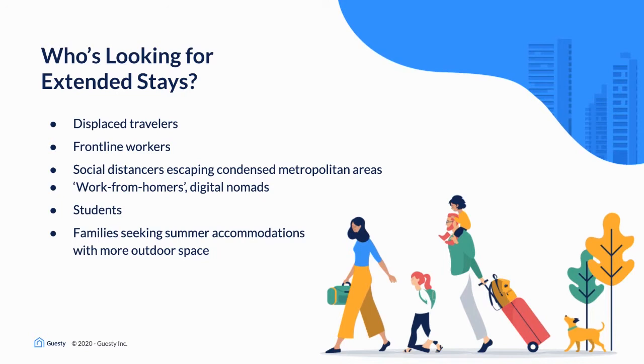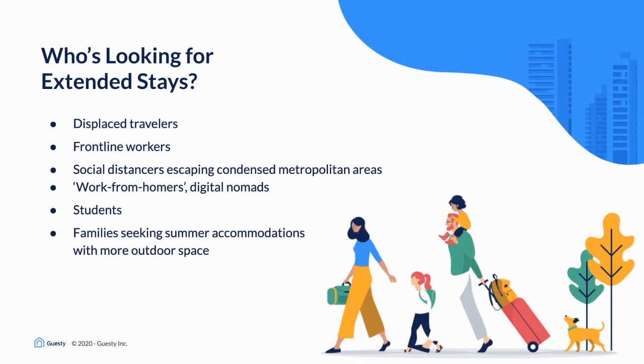So some of the more common scenarios we're seeing for these monthly stays are displaced travelers who can't return home due to travel limitations, frontline workers like hospital workers, delivery drivers, grocery store employees, you name it, who need a temporary place to live that's close to work and still isolated from family members. Or social distancers who are looking to escape crowded areas or condensed cities until the worst of coronavirus blows over.